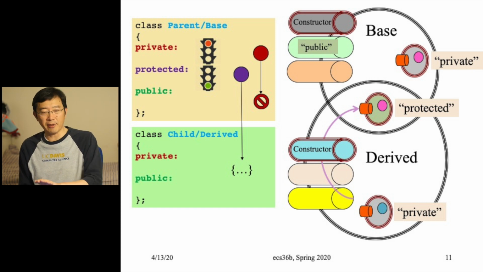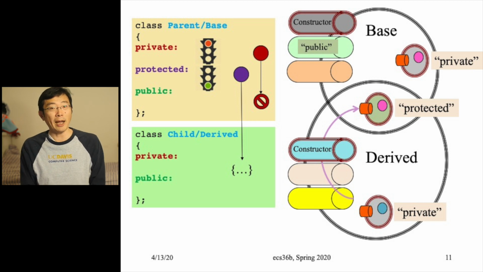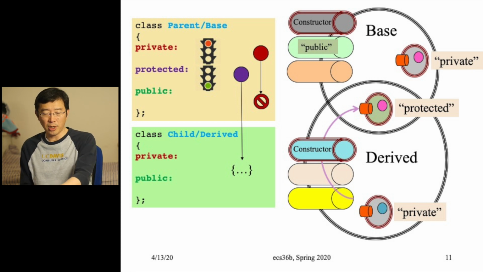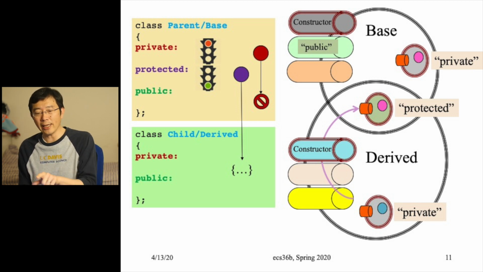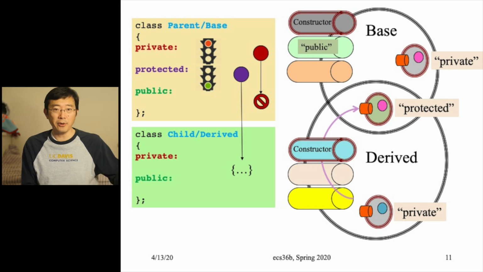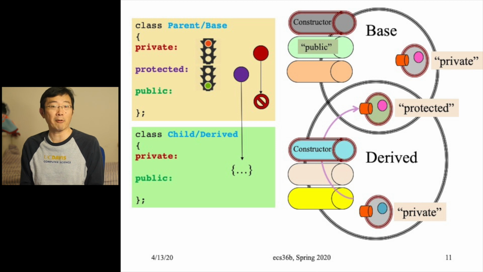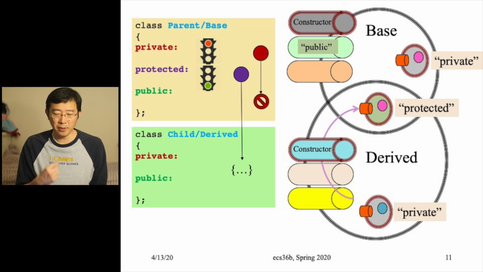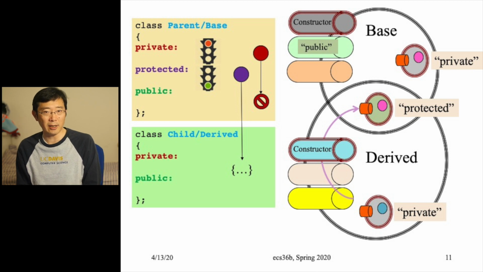If the parent class still puts it in the private section, then when you write any code in the derived class, you won't be able to access it directly. You can only access the private part through the public interface of the base class.